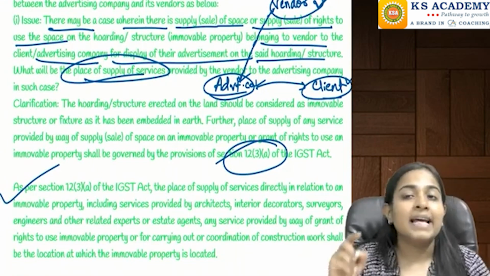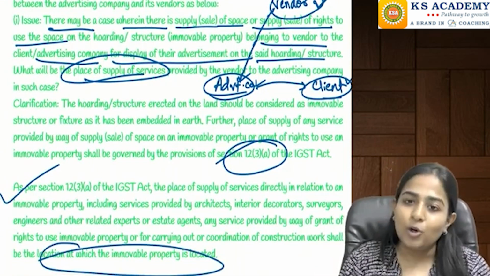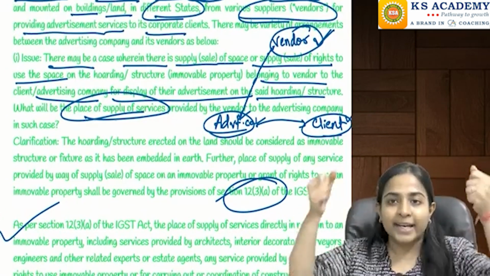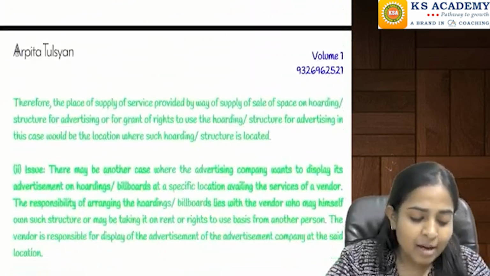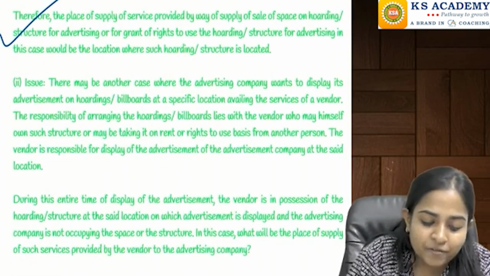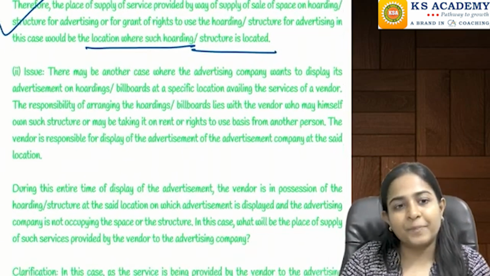In that case, the place of supply was the location at which such immovable property is located. So the place where that hoarding is going to be fixed will be called the place of supply. Are you clear with this? So the place of supply will be the location where such hoarding or structure is located.